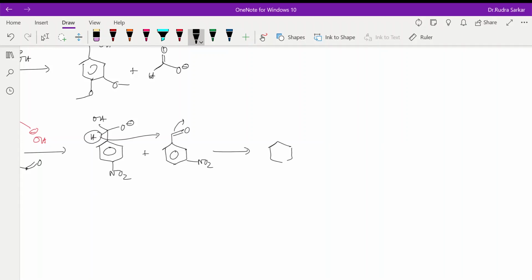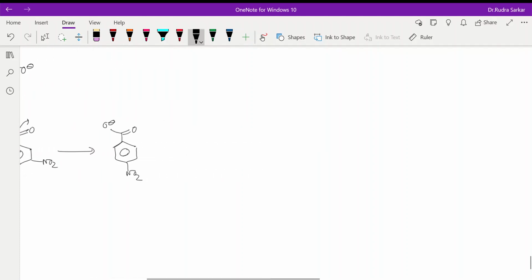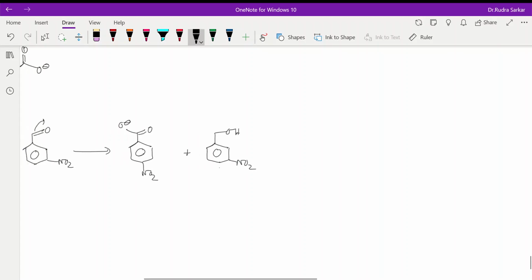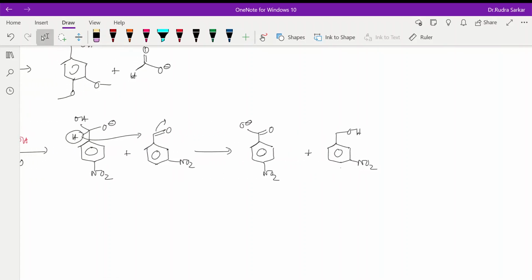Subsequently, it means that we will get the para-nitrobenzaldehyde oxidized to acid, whereas the meta-nitrobenzaldehyde will be reduced to alcohol. So such questions can be given to you and you have to answer it.